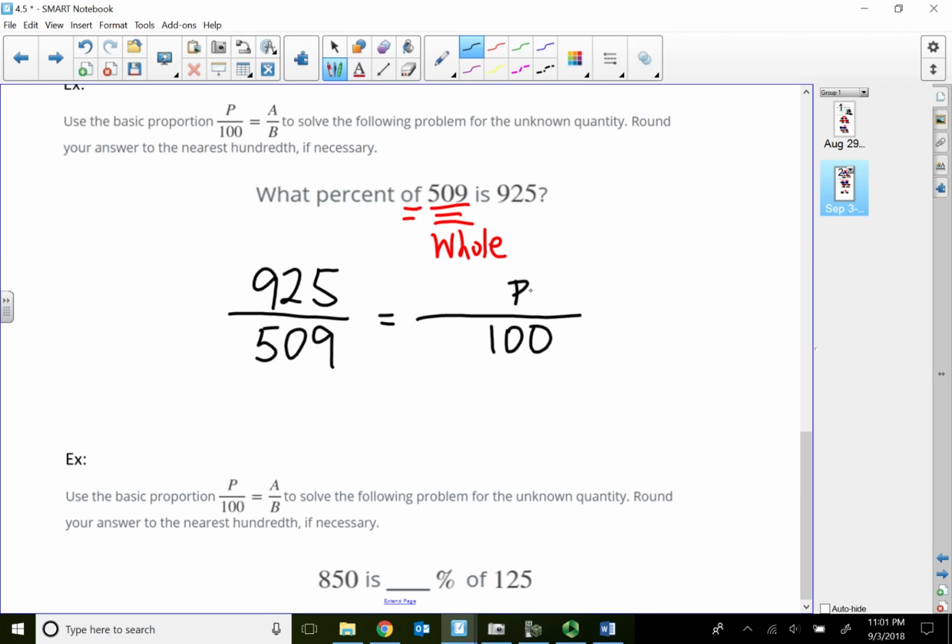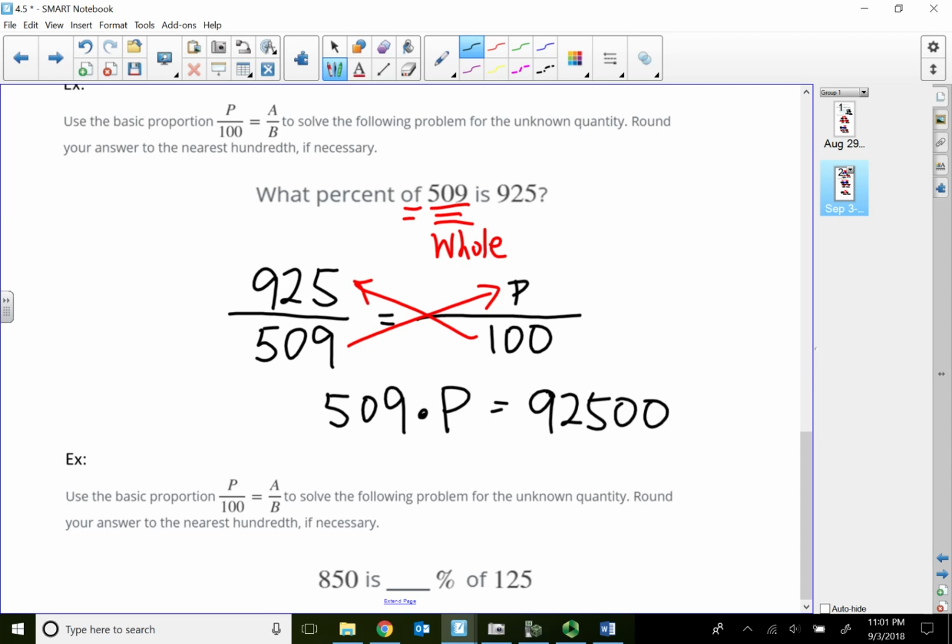All right, let's do a cross product. 509 times P, 509P, set equal to 100 times 925. That will be 92500. So to get P by itself, we'll divide both sides by 509.